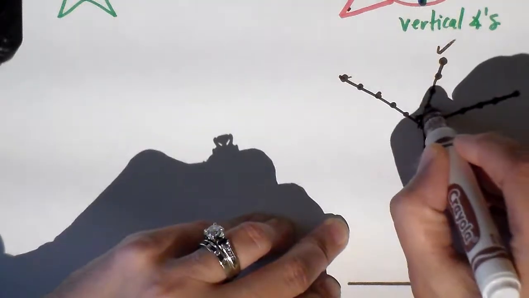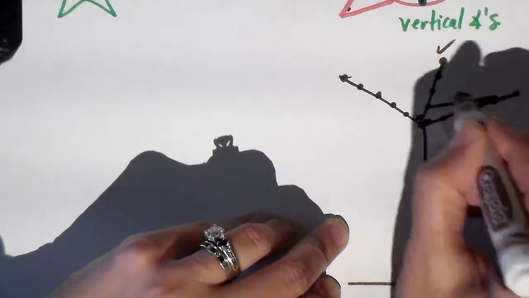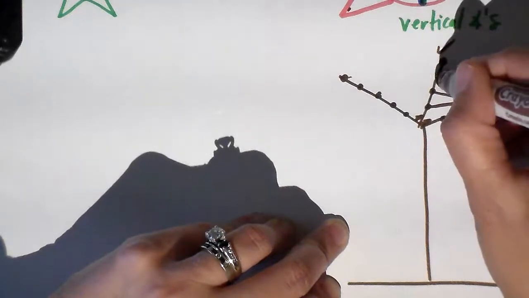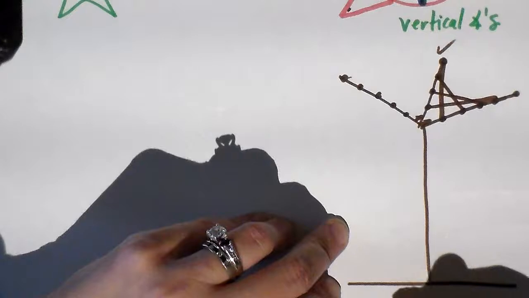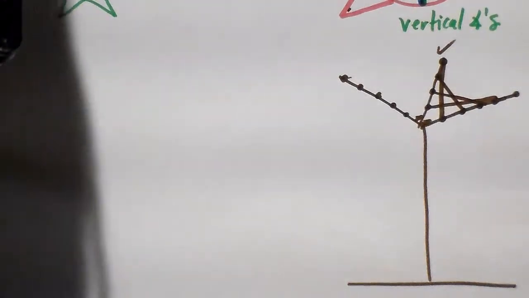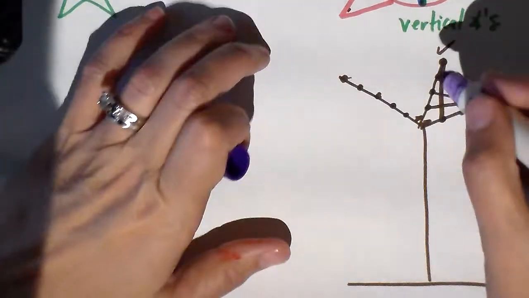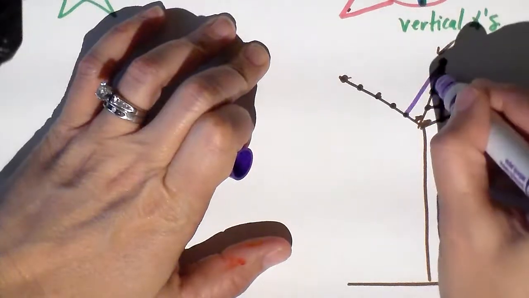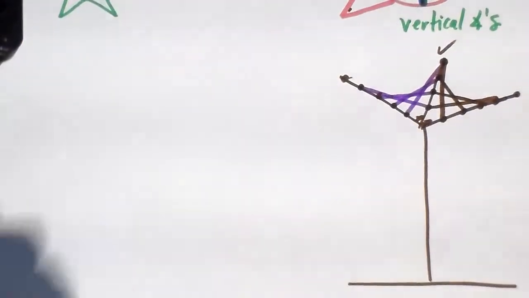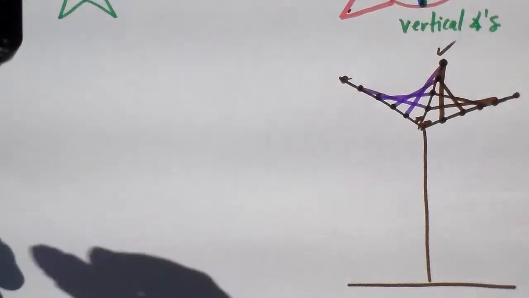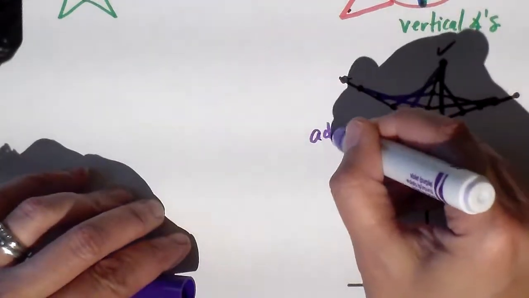And then I'm going to start. Okay, that's one of my 2 angles. And then I'll do the other angle in a different color so you can see it. Okay. And that's part of my tree, and I've just satisfied adjacent angles.